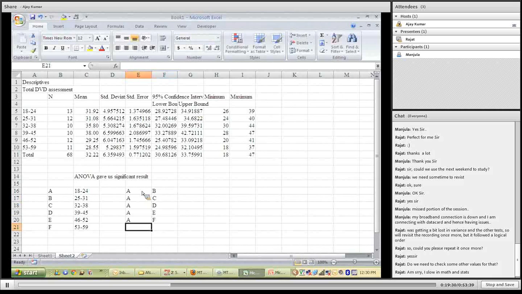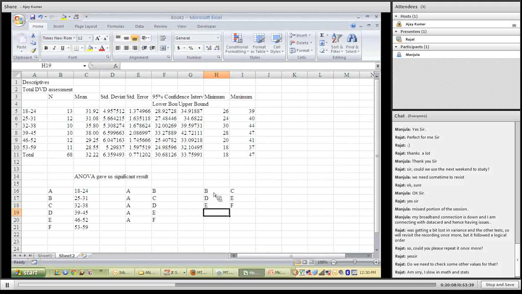Now what I am trying to tell you is that the difference ANOVA gave us, that these groups are different from each other, does not mean, and understand it carefully, that all these groups are different from each other. It does not mean that A is different from B, and also from C, D, E and F. It also does not mean that B is different from C, that D is different from E, or that E is different from F.